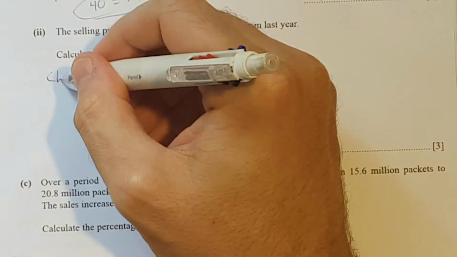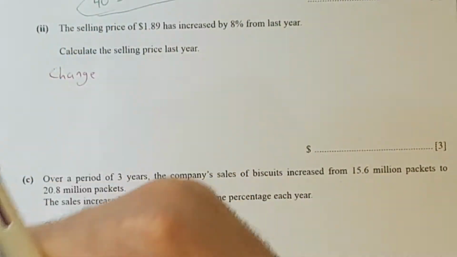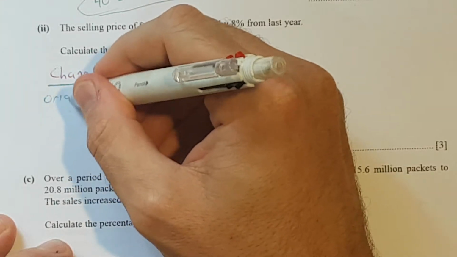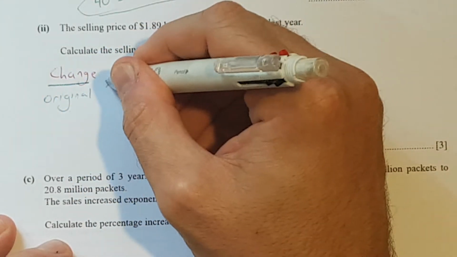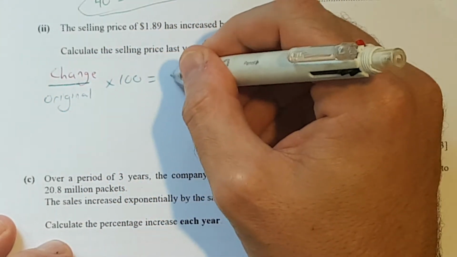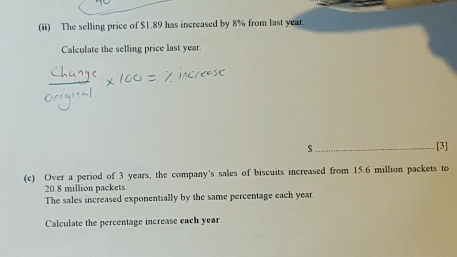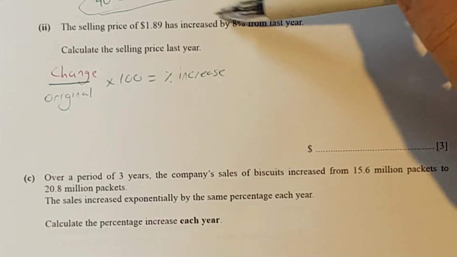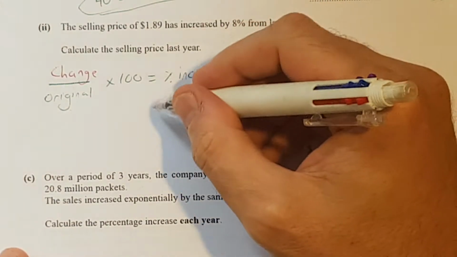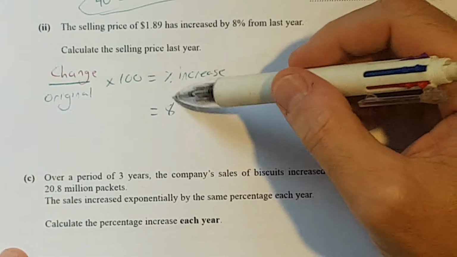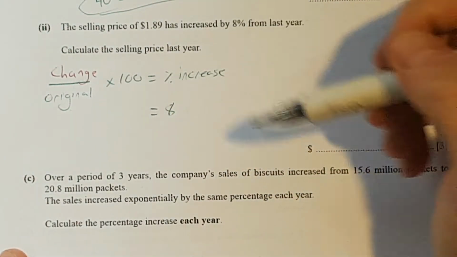So we have change over original times 100 is equal to percent increase. Okay, well, they're telling you the answer. The percent increase is 8%, so we can actually just substitute that directly into the formula. It's equal to 8. Remember, the 8 is not a decimal, it's an actual percentage.